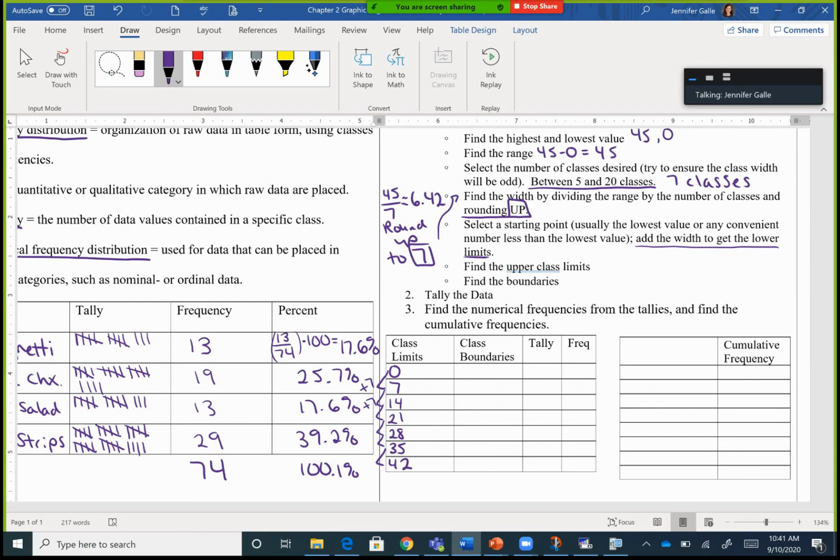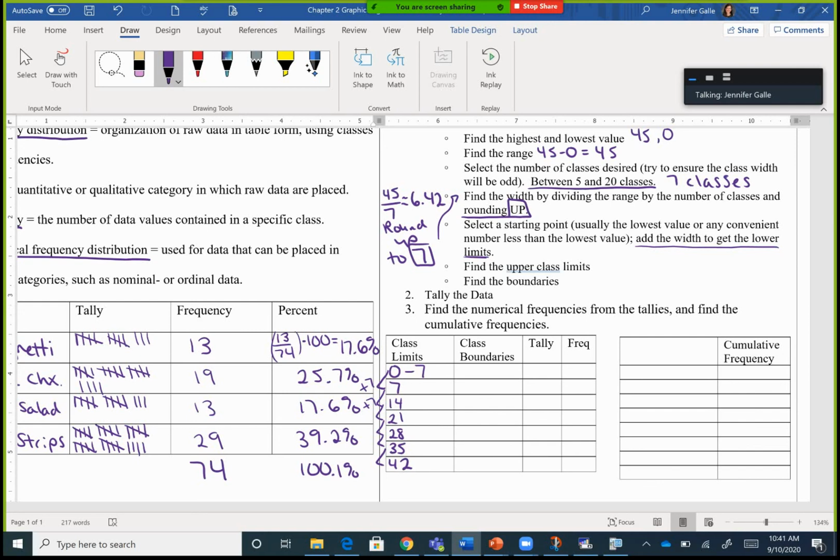Now I usually get the question, or I know people out there are thinking it, but Miss Guy, why'd you add 7 going down? Why didn't you add 7 going across? Do not write this, I just want to show you. If I add 7 across, 0 plus 7 would be 7. My class width is supposed to be 7.